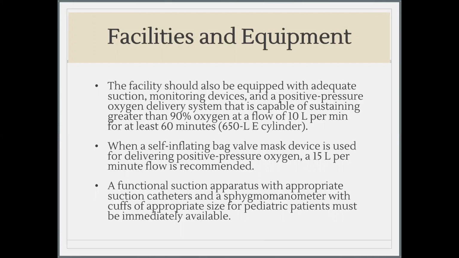When a self-inflating bag valve mask device is used for delivering positive pressure oxygen, a 15-liter per minute flow is recommended. A functioning suction apparatus with appropriate suction catheters and a sphygmomanometer with cuffs of appropriate sizes for pediatric patients must be immediately available.